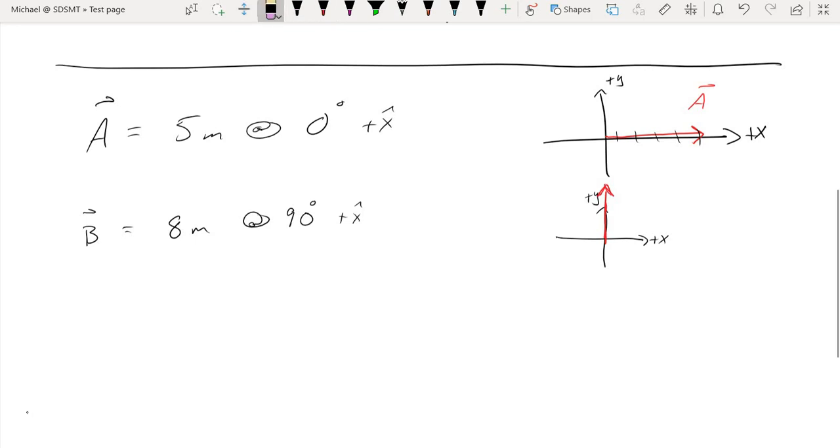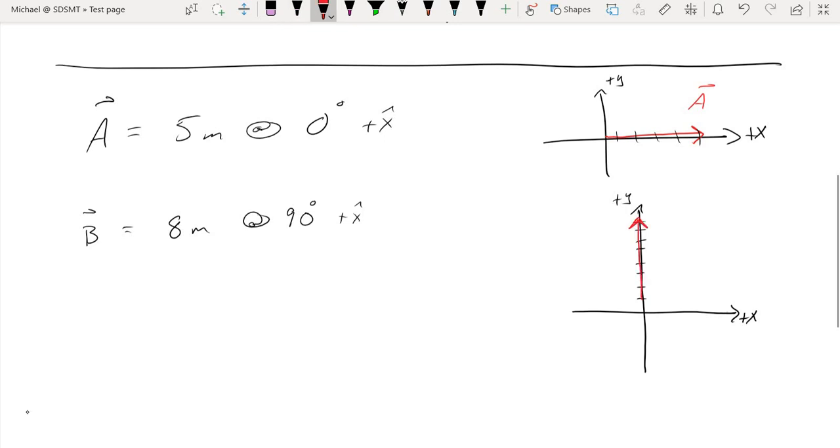I should draw this more to scale. This is why I said we're not going to be relying too heavily on the sketching. But 1, 2, 3, 4, 5, 6, 7, 8. So that's what vector B is going to look like. We'll just say that everything is in meters.